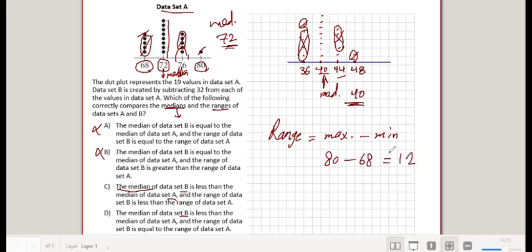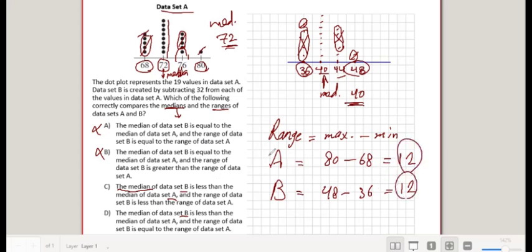So the range is the difference between the greatest value and the least value. So the range of dataset A is equal to 12. And if we check the range of dataset B, we subtract 48 minus 36. You get the answer of also 12. What does this mean? It means that the ranges are equal.